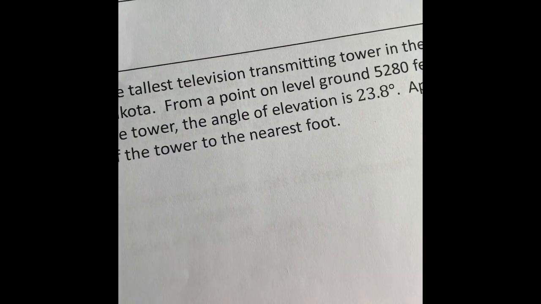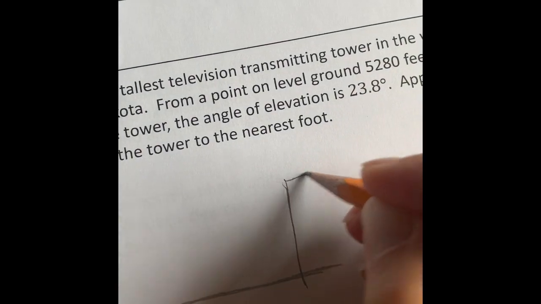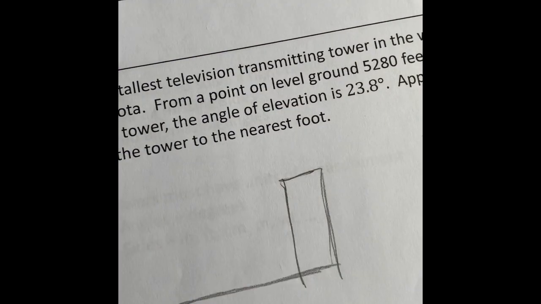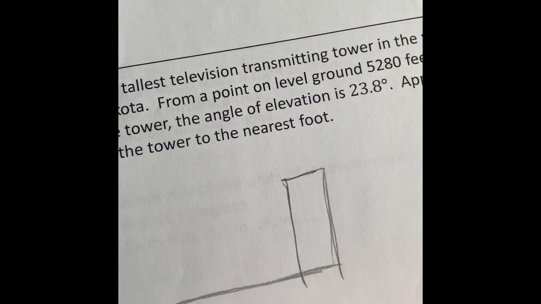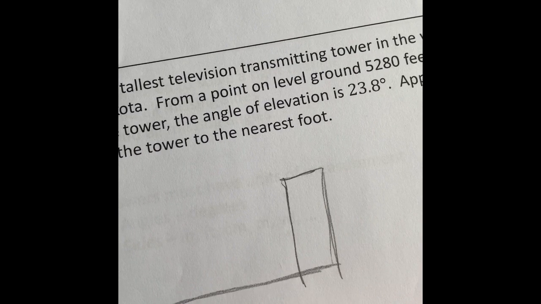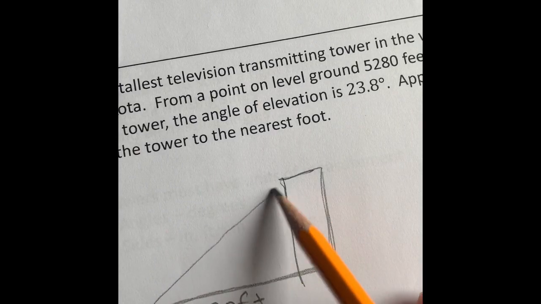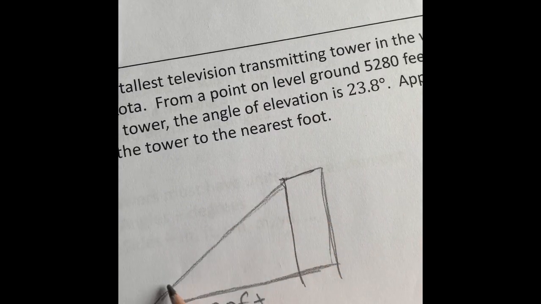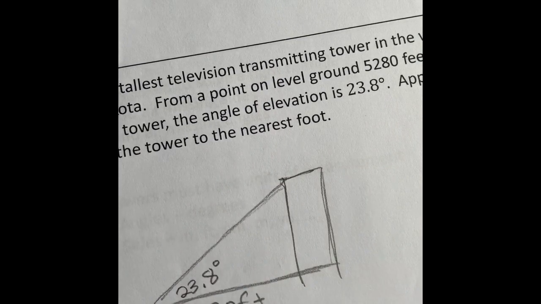All right, so you've got the ground, you've got the tower. I know, picture is astounding, I agree. And there's some object here that's 5,280 feet away from the base of that tower. And when that object looks up to the top of the tower, the angle of elevation is 23.8 degrees.